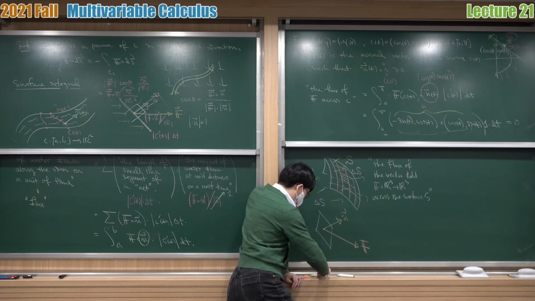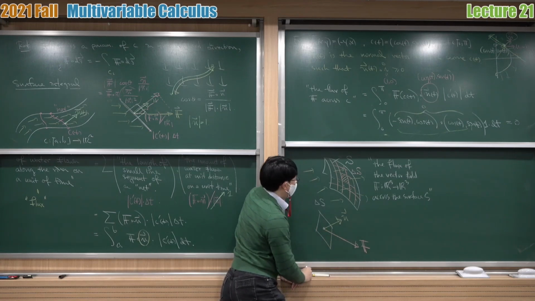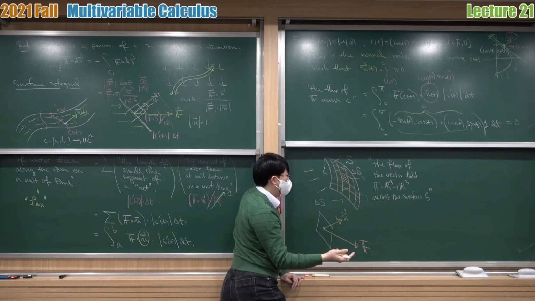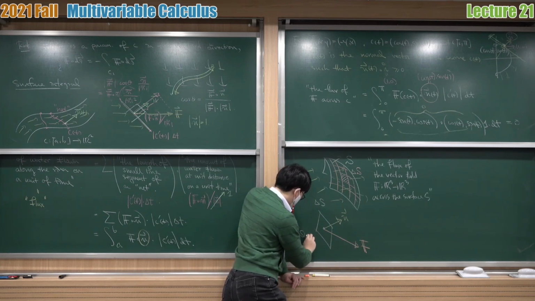Okay, and then let's say this point is parameterized by two variables, two coordinates, u and v.